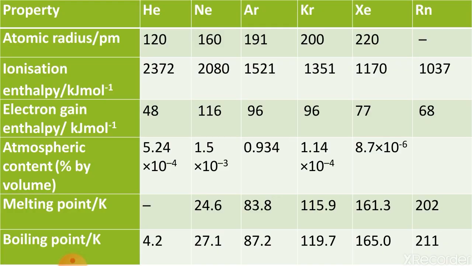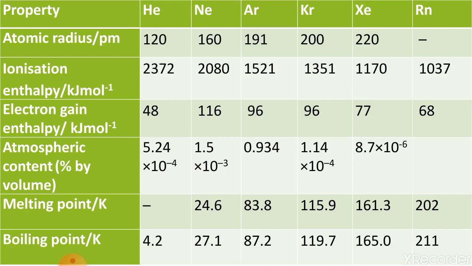Now students, let us focus on the properties of these gases. The atomic radius, as I told you, increases down the group, there is no doubt. Then ionization enthalpy: down the group the nuclear charge is the same but the number of shells increases.